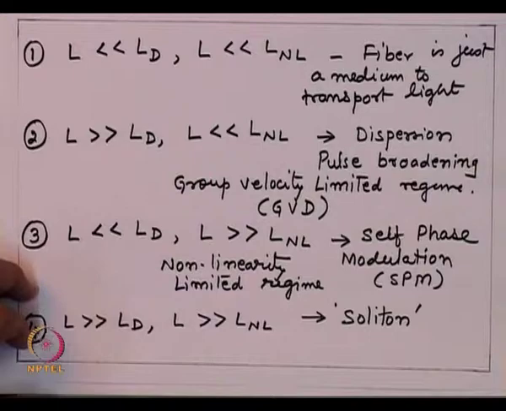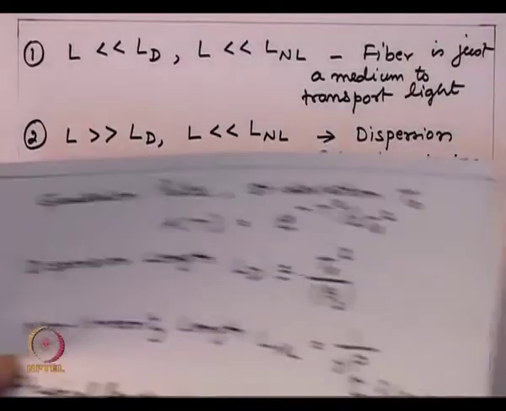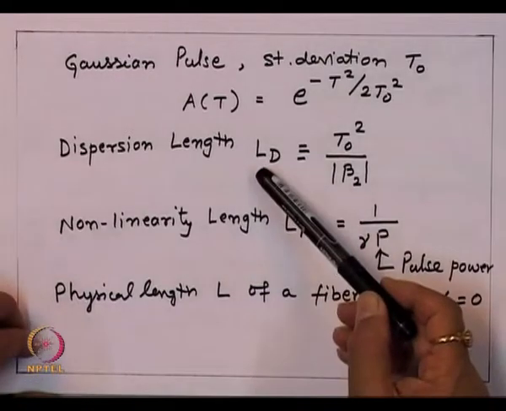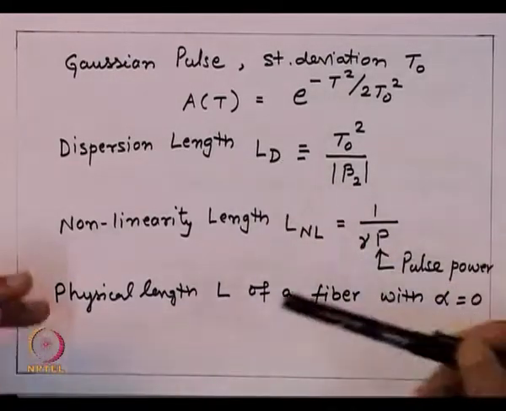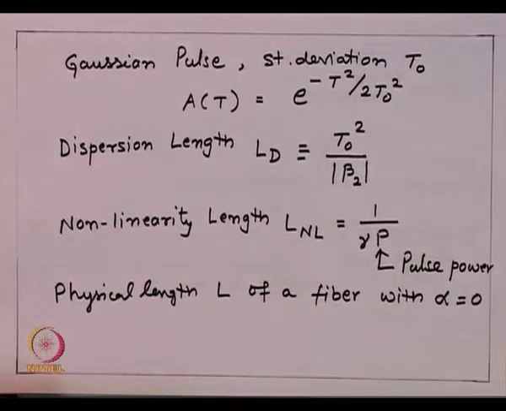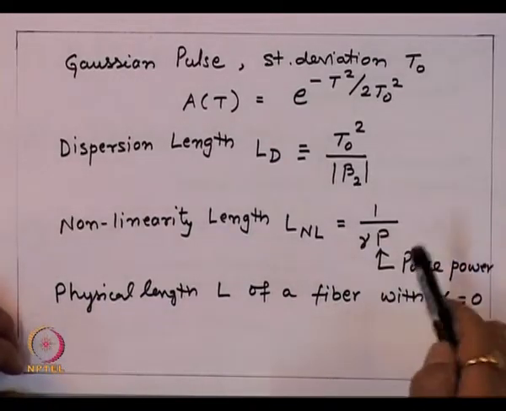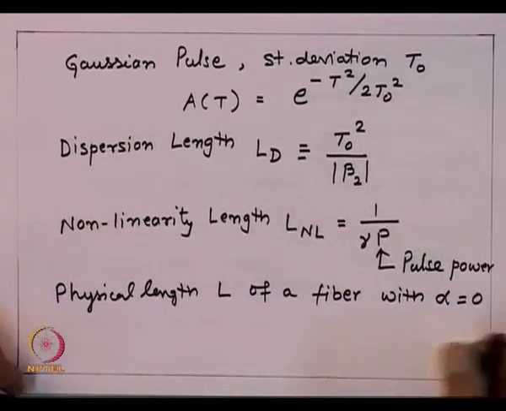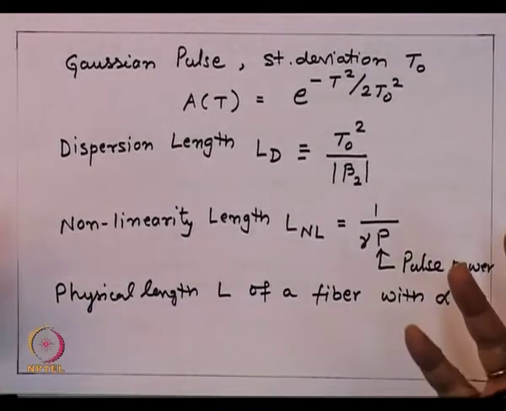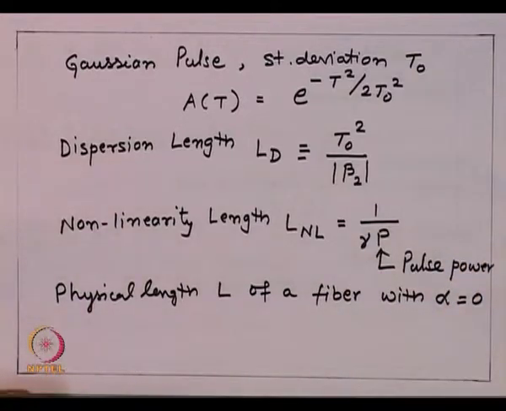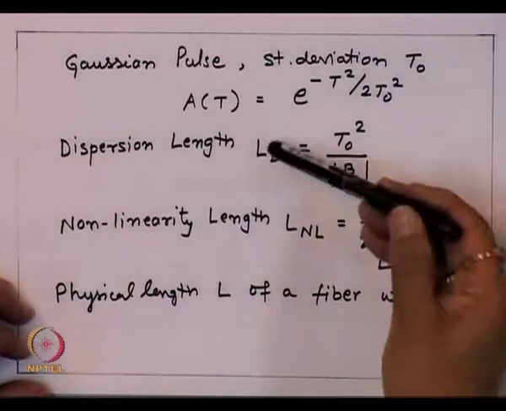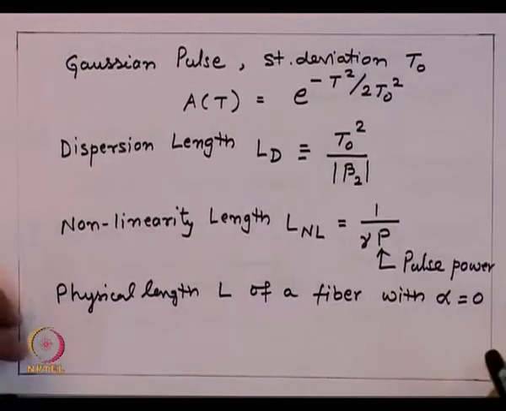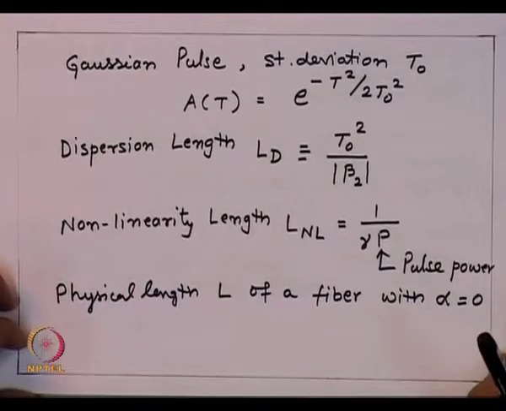Depending upon the physical length of the fiber, sometimes the nonlinearity length may be smaller than the physical length, so nonlinear effects would dominate. Sometimes the dispersion length would be less than the physical length, so dispersion effects would dominate. And when both lengths are smaller than the length of the fiber, both effects contribute to the evolution of the pulse.